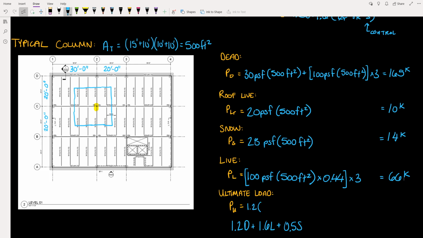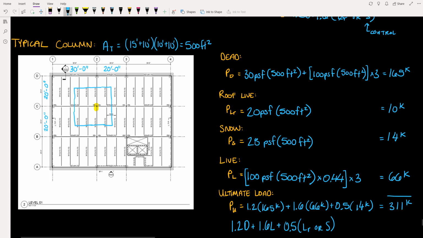So that gives us 1.2 times 165 plus 1.6 times 66 plus 0.5 times 14. And again, we're using the 14 because our snow load controls over the minimum roof live load. So in total, our ultimate load for our column is going to be 311 kips.